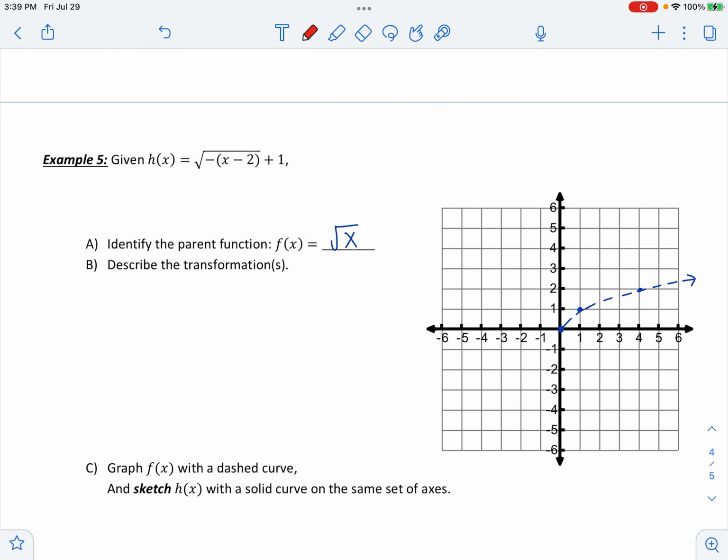All right, so let's see what's happening here. First off, there's nothing in front on the outside, so I can move on to this inside right here. Call that number 1. That's inside the parent, so it's automatically horizontal. Negative in front is a reflection.